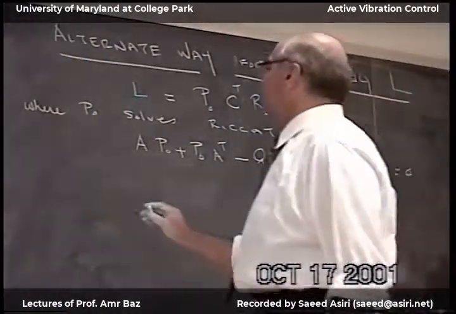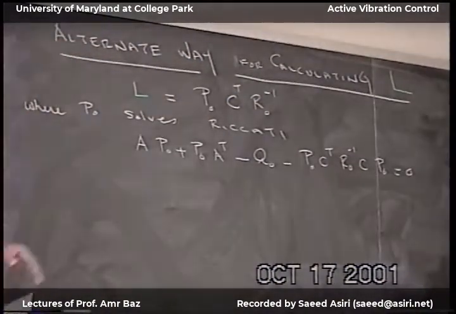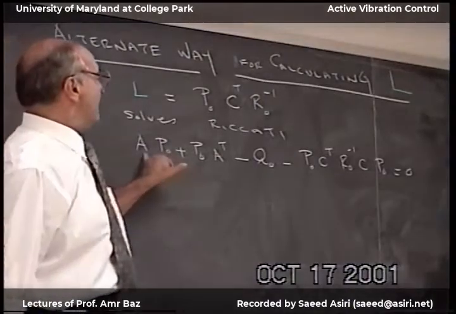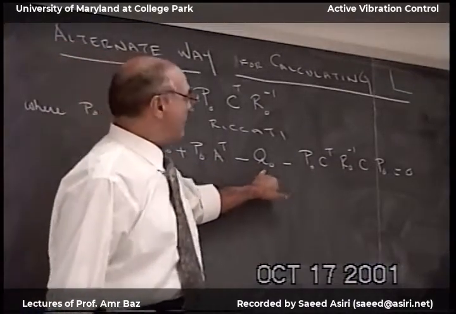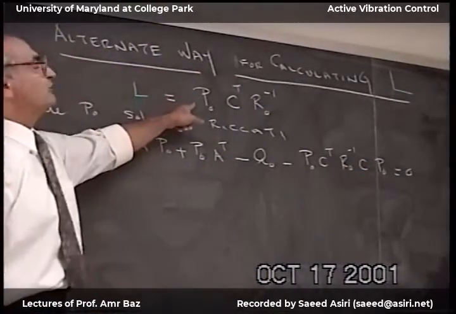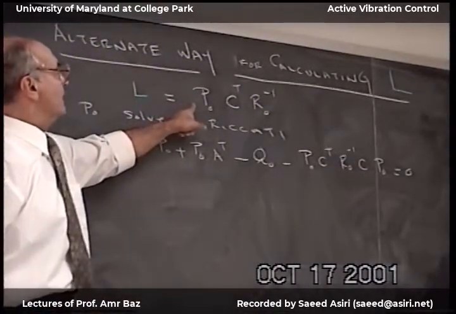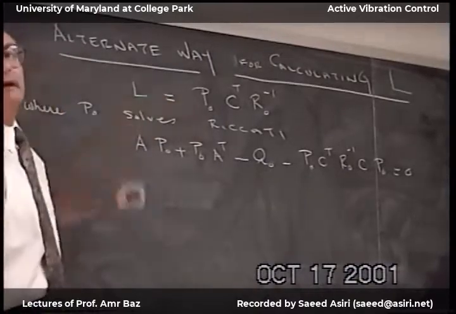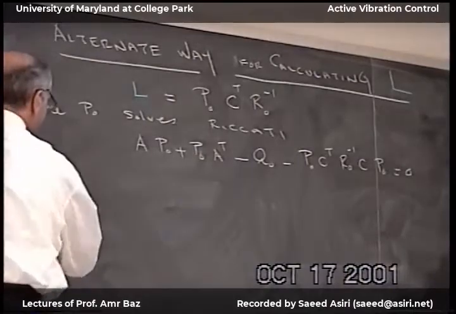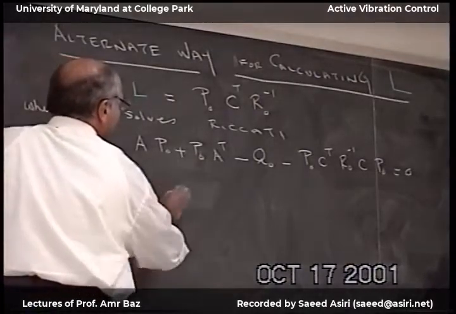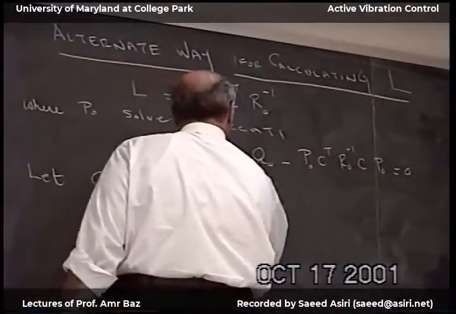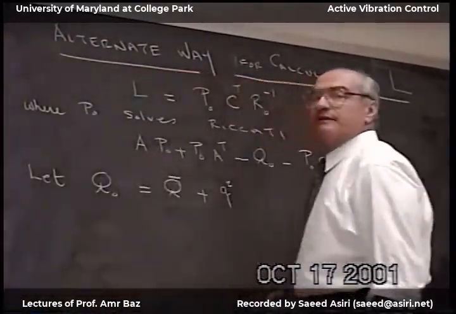Now I'm going to make a little trick now. So we solve this. If we have the A of the system and the Q and the R and the C, then we can solve this for P0, put it here, and calculate the L. Okay. Now we'll say here let Q0 is equal to some Q bar plus Q squared.